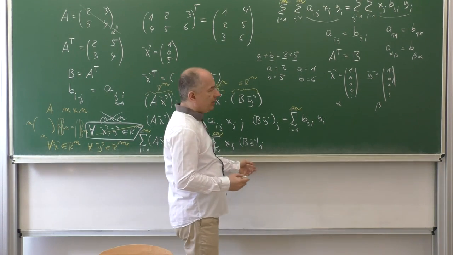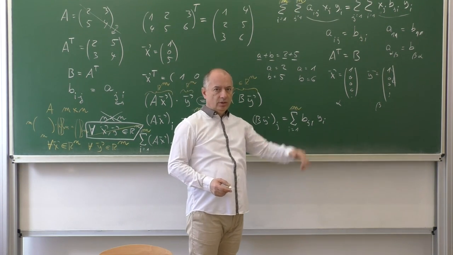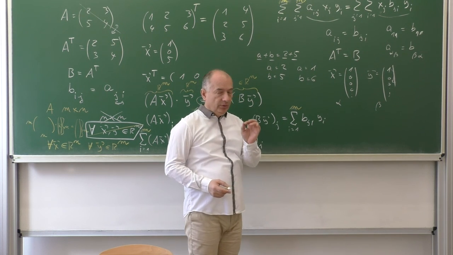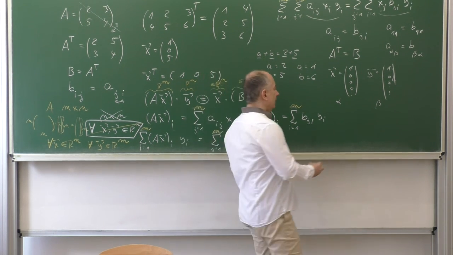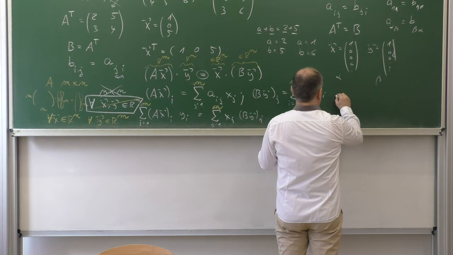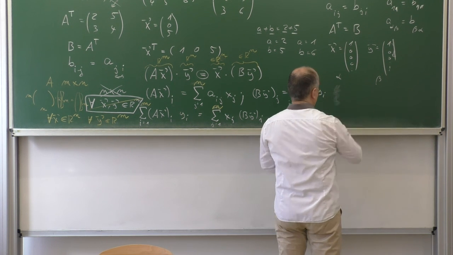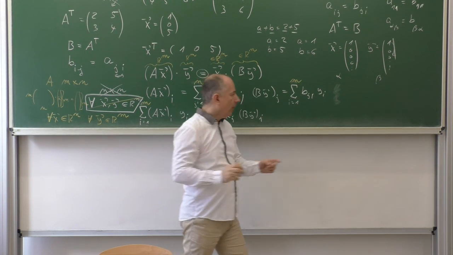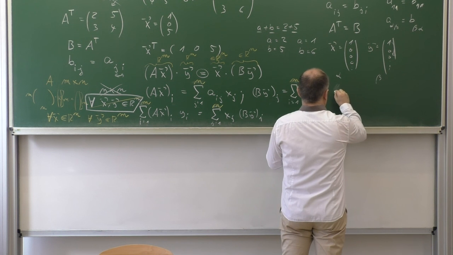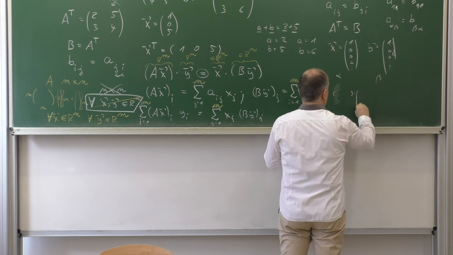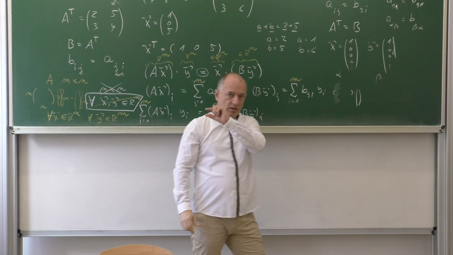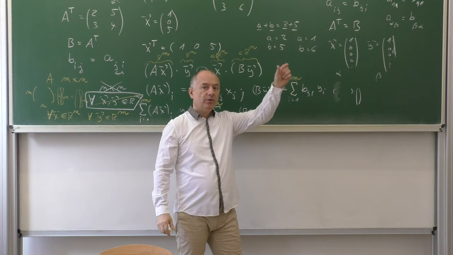Sometimes we don't care about row or column vectors, but if we do, then the scalar product of two vectors can be considered as the matrix multiplication of a row vector times a column vector.